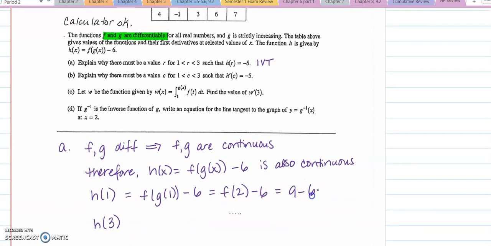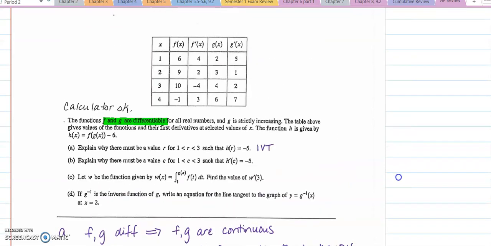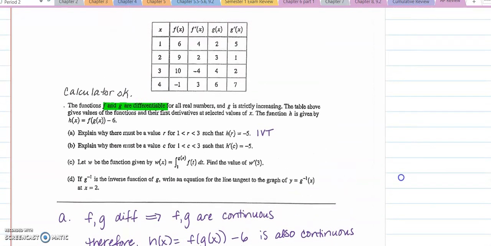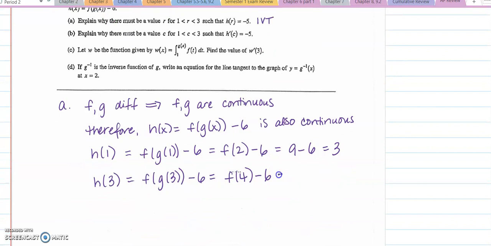So 9 minus 6 is equal to 3. h of 3 is f of g of 3 minus 6. g of 3 is 4. f of 4 is -1. And so then this is -7.